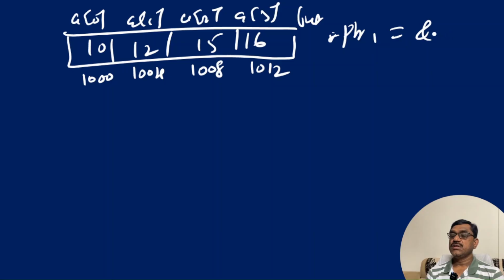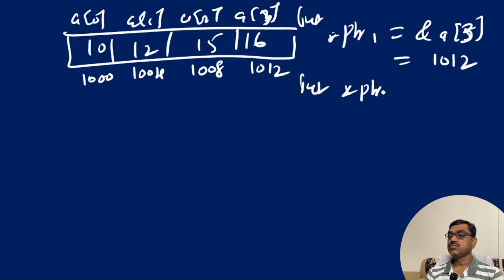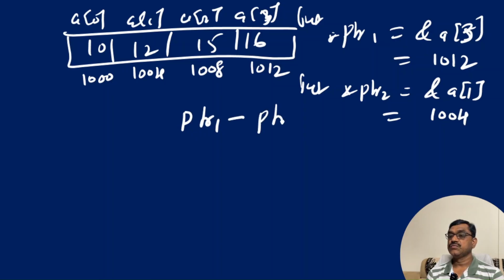That is 1012. And you take another pointer, int star PTR2 equal to ampersand of A of 1. Assume that. In this case, what is the value here? 1004. Now, what is the meaning of PTR1 minus PTR2?